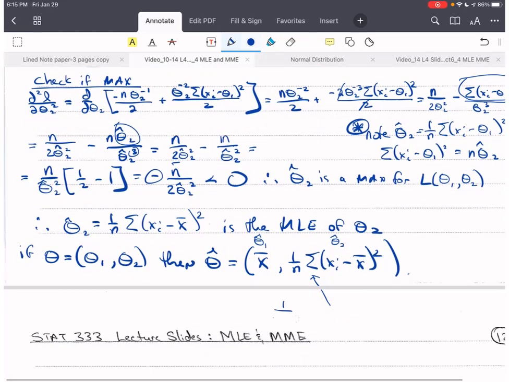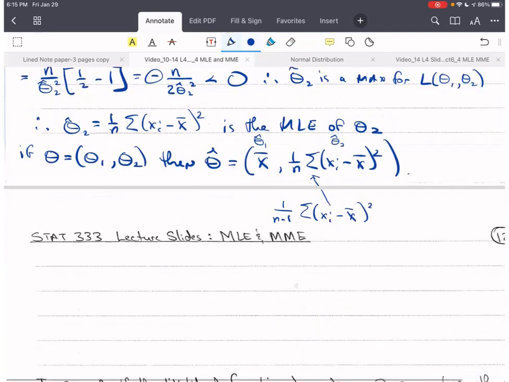Remember, 1 over n minus 1 times the sum of (xi minus x bar) quantity squared is s squared, the sample variance. But this is not really s squared. This is what we would use for a population standard deviation calculation, okay? If you remember introductory statistics.